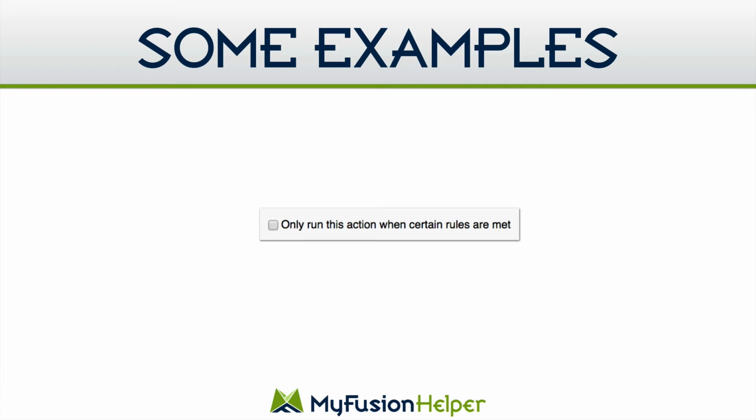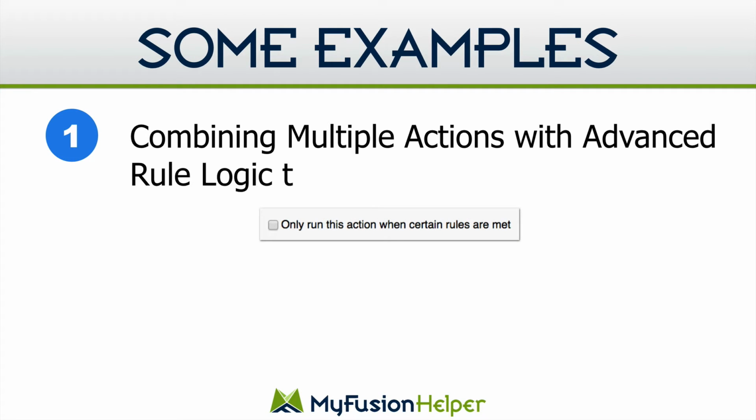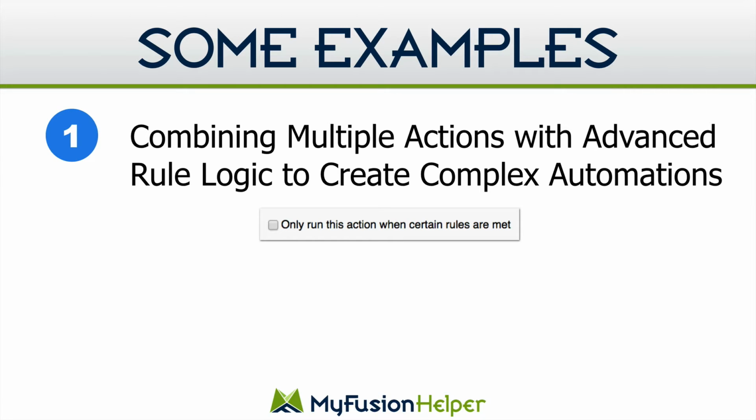All right, so as I was showing in the last live demo, this only run this action when certain rules are met. This is the main reason that people use action set. It just allows that rule logic. Now, one of the things that you can do inside of MyFusion Helper is combine multiple actions all in once, right?